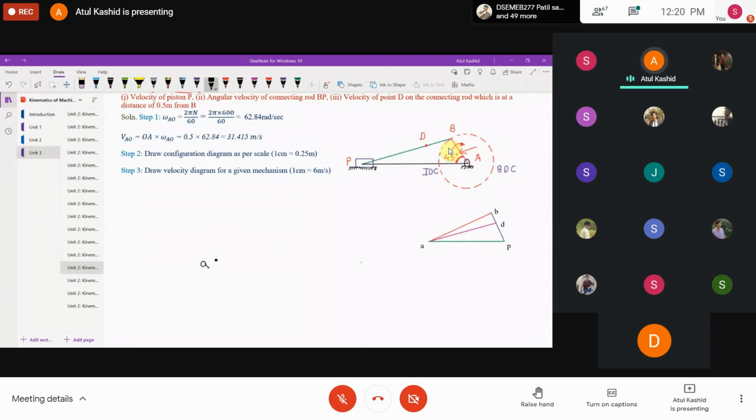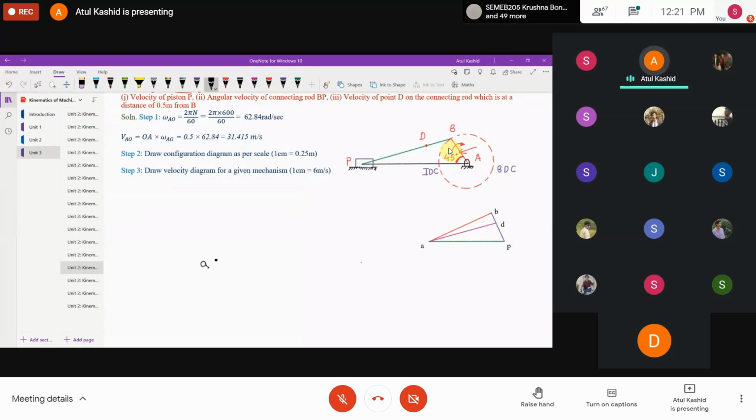Now we are going to target the second step. I told you to target the input link, because for the input link we know the magnitude as well as the direction, right? So our input link is AB. Before proceeding with the velocity diagram, we have to take the scale that I forgot to mention.